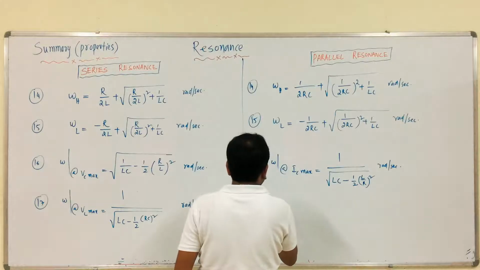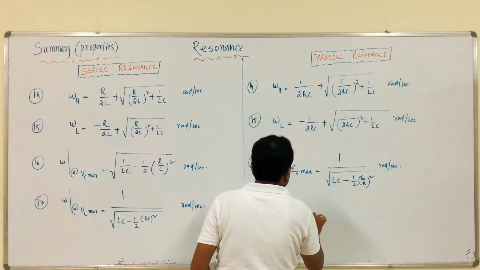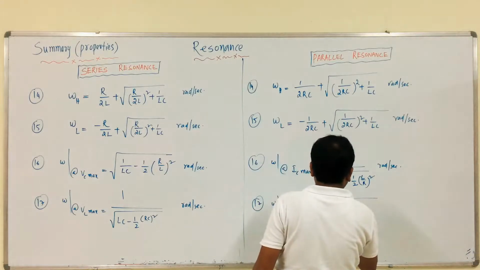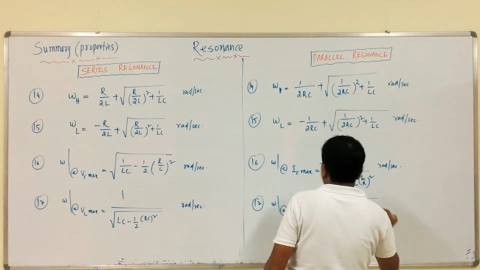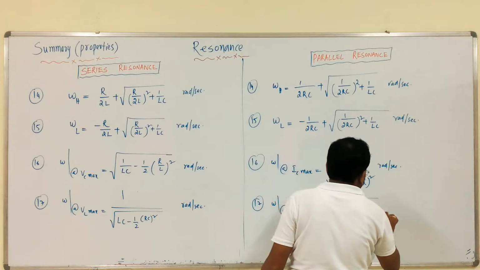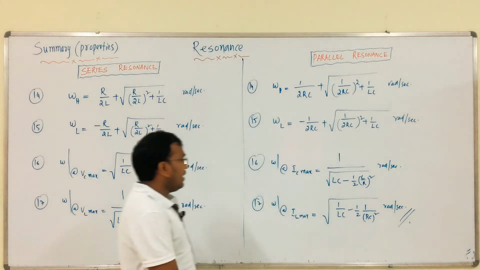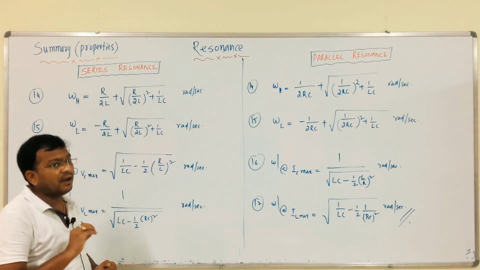Next, 17th one, the frequency at which IL max is equal to 1 by LC minus 1 by 2 into 1 by RC square, that is it, radians per second. These are the very important summary for series resonance as well as parallel resonance circuits.